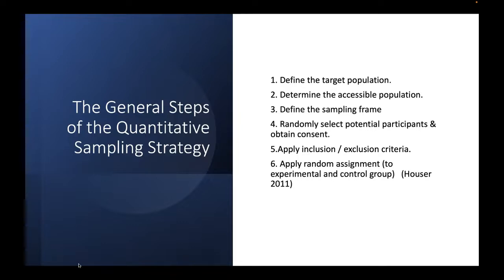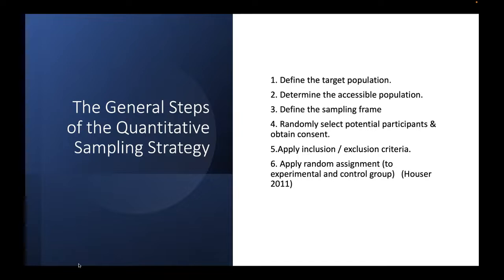Then you must decide, depending on the type of quantitative research you do, that half of your people might be in a group that receives no intervention. Then the other half become the group who do get the intervention. So you need to apply your random assignment to the experimental group.